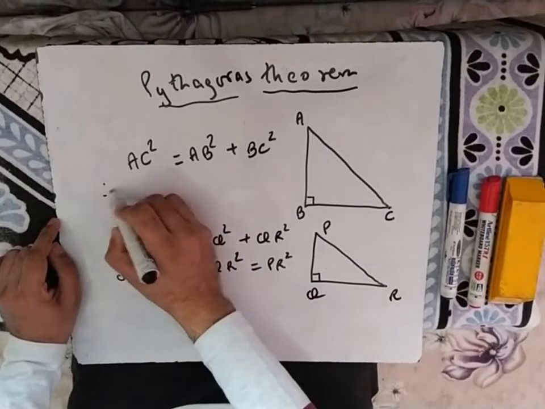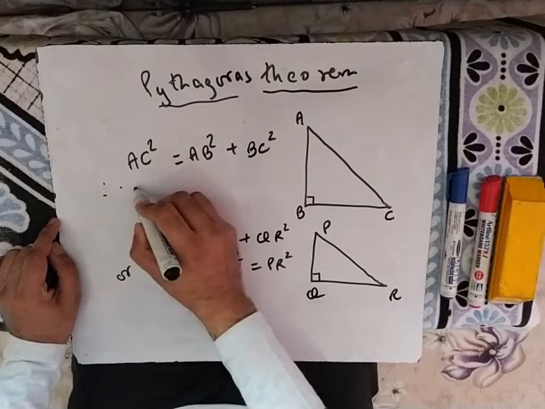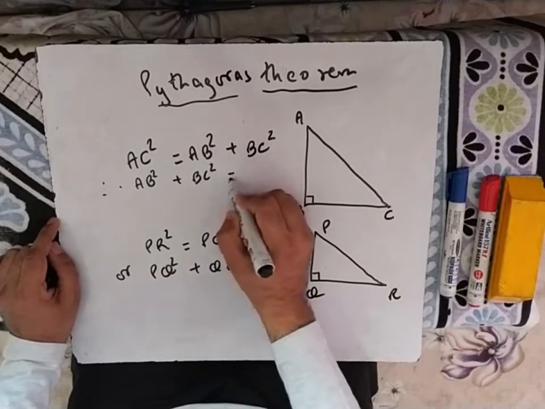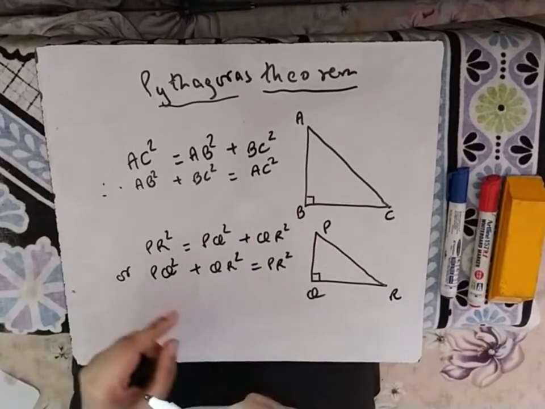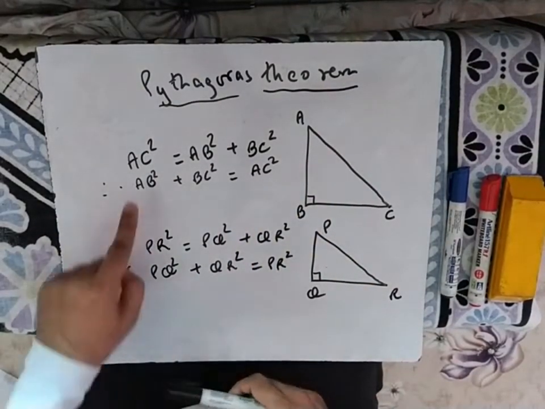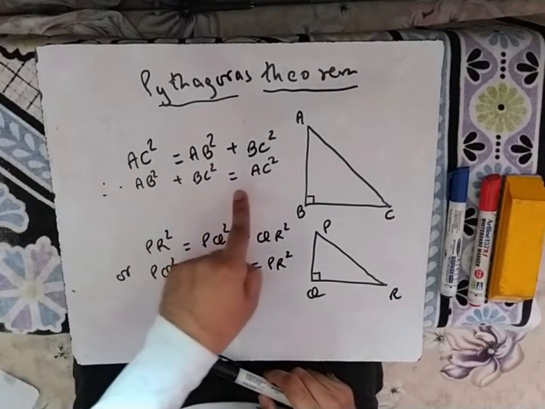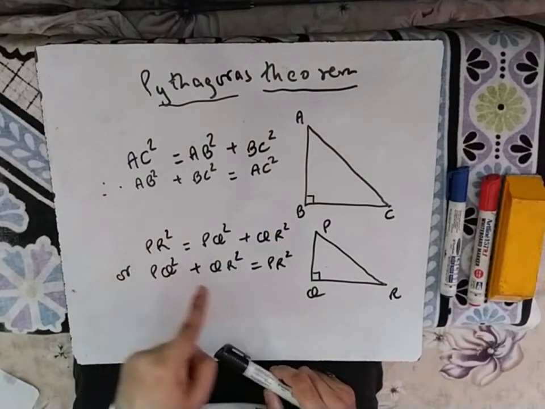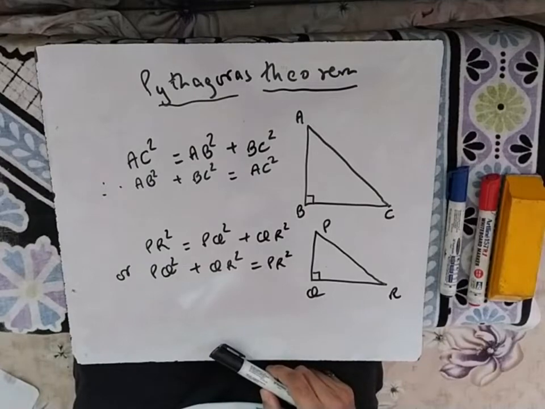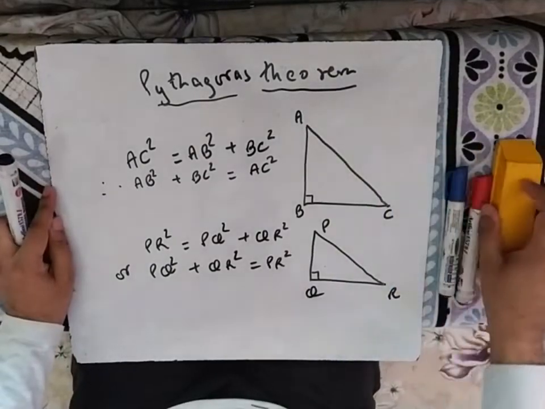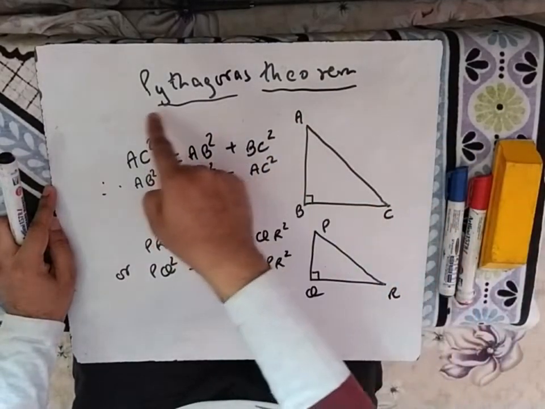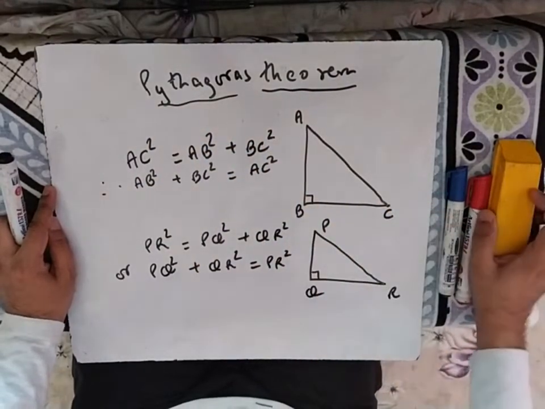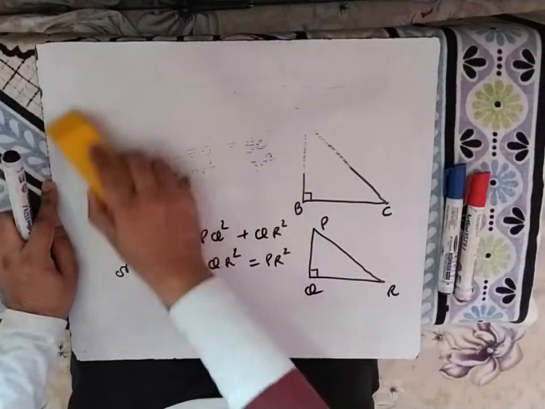In the previous example also we can write the Pythagoras theorem as AB square plus BC square is equal to AC square. Hypotenuse square you can write either on the left side or on the right hand side. That doesn't matter. The proof of this theorem I will explain to you in my next video.